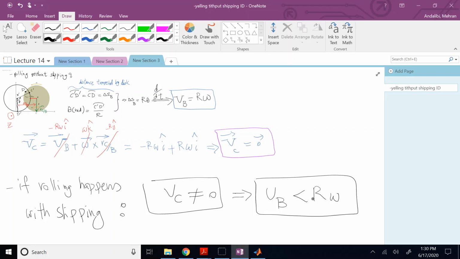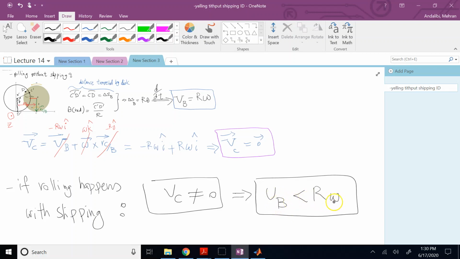Let me give you an example so that you can digest this a little better. Assume that your tire or your disc is on the ice and it is just spinning in place, right? If you are spinning in place and doing pure slip, what happens? Since you are just rotating in place, V of centroid is 0 because it doesn't move.